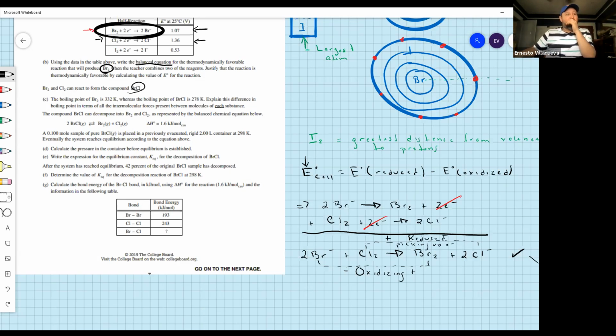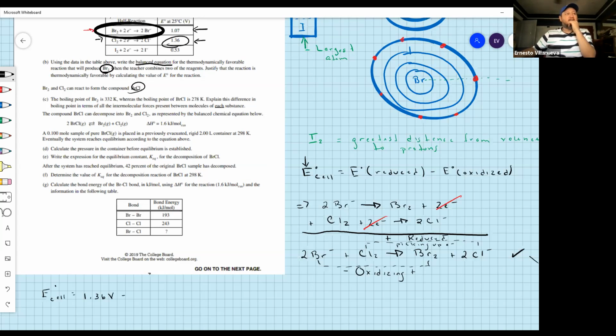Yeah. So if I'm going to write the formula for the cell potential, right? Cell potential is equal to the reduced species, which in this case we figured out was chlorine, right? It would be this value here, 1.36 volts, right?